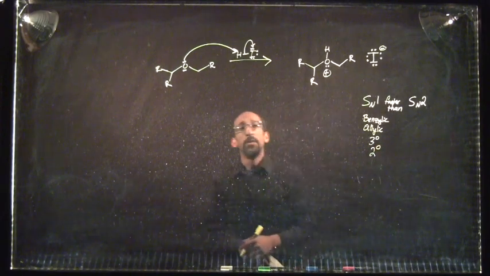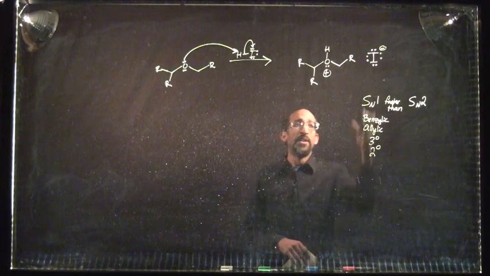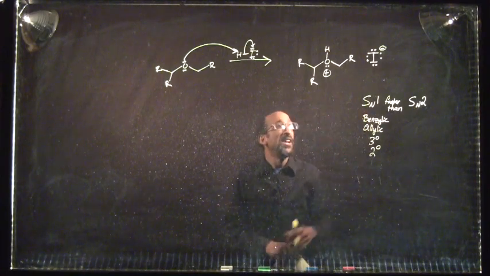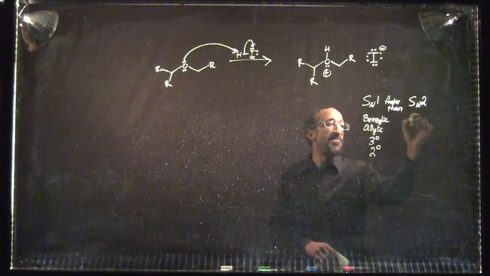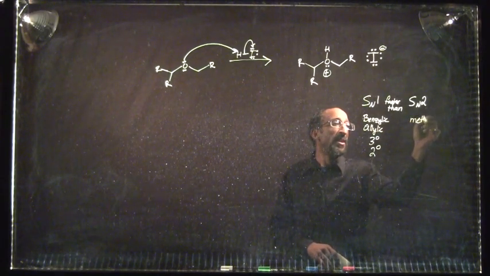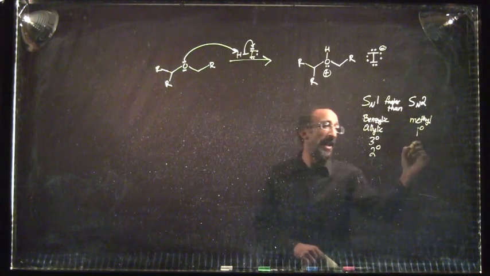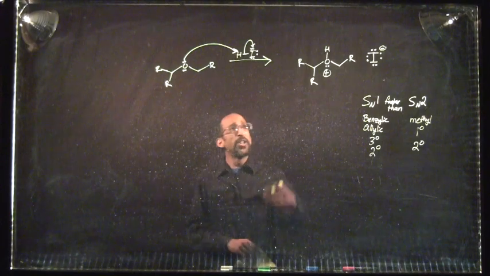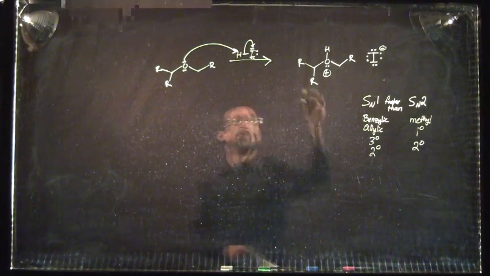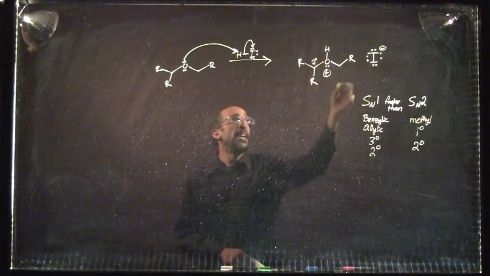And we know that primary or methyl electrophiles can't be substituted by the SN1 mechanism. Further, we know for our SN2 reactions that our methyl electrophiles react faster than primary electrophiles, which will react faster than secondary electrophiles.